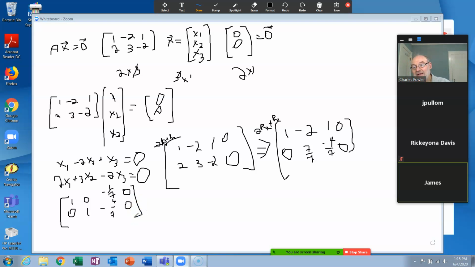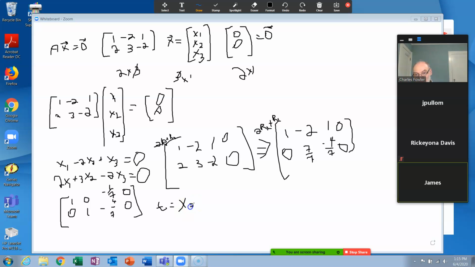All right. Now, since we don't have a leading one in this column here, we're going to have to introduce a variable. You want to call it t. They like t. I like t if it's sweetened. Let t equal your x3, or x3 equal to t, it doesn't matter which way you say it.